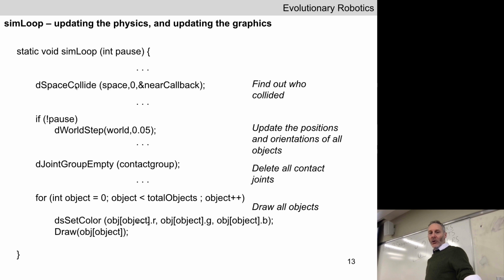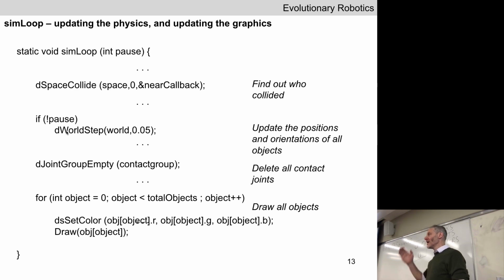In ODE, you would actually see this. Again, in PyBullet, this is hidden from you. The first thing the physics engine does is look to see if anything is colliding with one another and sprinkling these temporary contact joints between pairs of colliding objects.